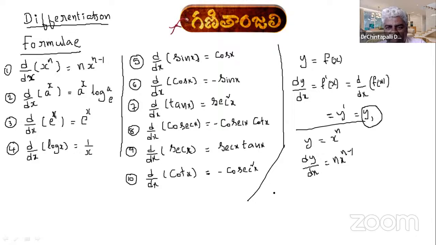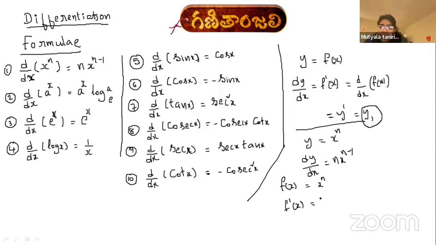If f of x is equal to x to the power of n, then f dash x is equal to n times x to the power of n minus 1. Both are same. All notations are same. There is no difference between them, right?